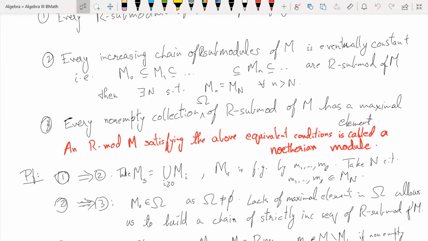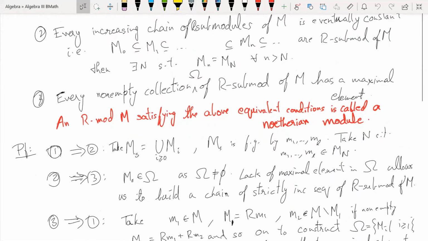Because if M0 is not maximal, then there exists some M1 in omega which is strictly bigger than M0. Then you take that M1, which is again an R submodule of M, and if M1 is not maximal, you can find another R submodule of M strictly bigger than M1, and so on. That will contradict two. So two implies three is done.